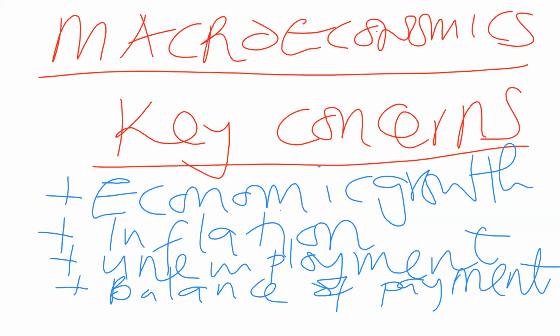So when we answer those questions, then we would have understood what economic growth is all about, especially as macroeconomics is concerned. Under economic growth, there are some key measures that we use when we are measuring economic growth, and I'll talk about them when I zero in.